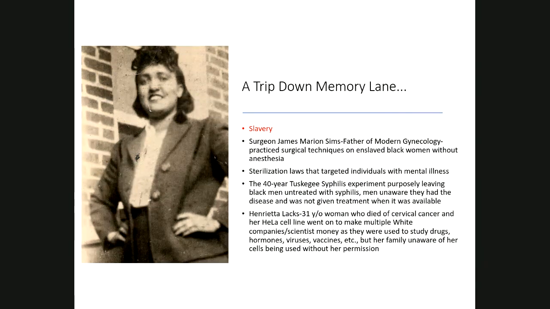Her family lived in poverty while everyone else profited off of her cell line. So these are all things we should remember when asking why the African American community is so distrusting of the white medical community, when white medical doctors make up 60% of the medical community.